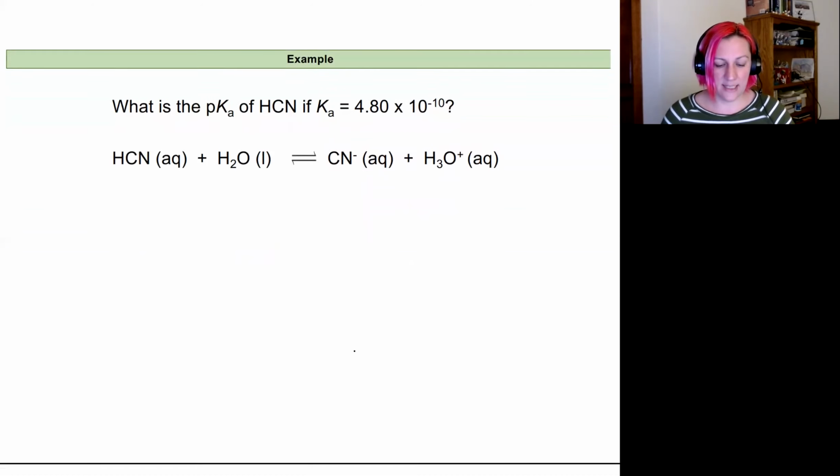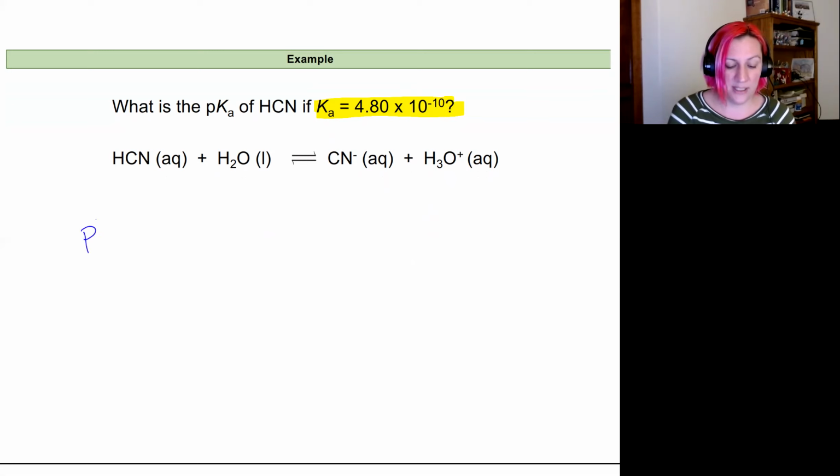Let's look at an example here. We are continuing this example of our hydrocyanic acid. We've looked at the pH of a 0.5 molar solution, and we've calculated its Ka from equilibrium constants. So we know that it has a Ka of 4.8 times 10 to the negative 10. What would the pKa of this be? Let's find out.